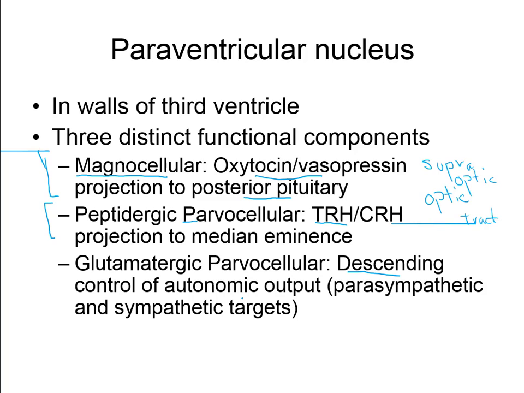Okay. Sorry, what was the difference between the magnocellular component? So we'll get to this in a bit, but when you think about it, if your pituitary gland is here and has both an anterior and a posterior compartment, and your hypothalamus is here, and you have the stalk of the pituitary that comes down like this, right?